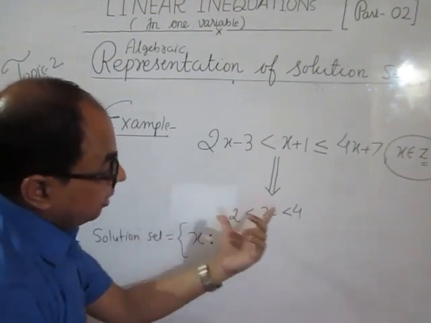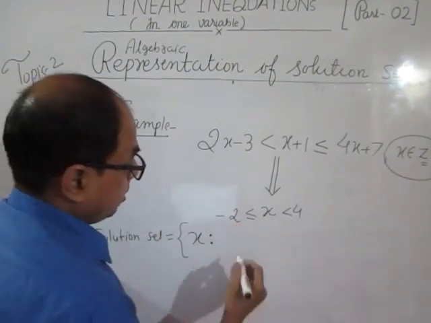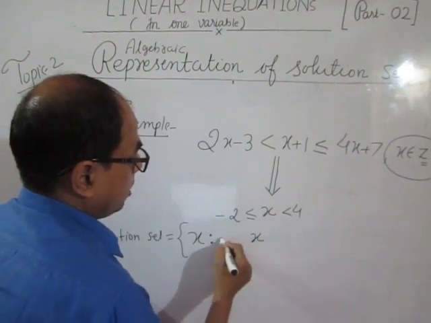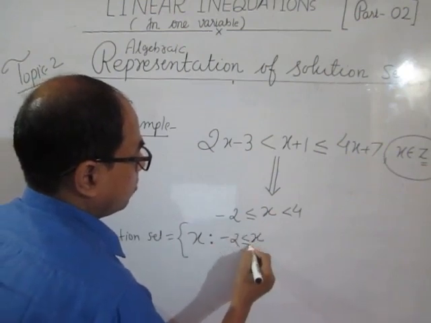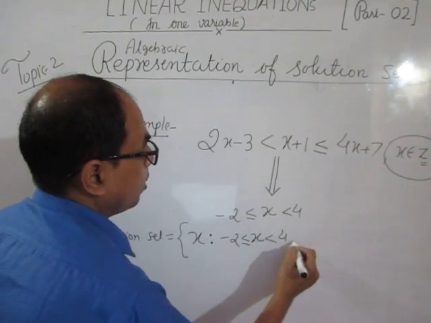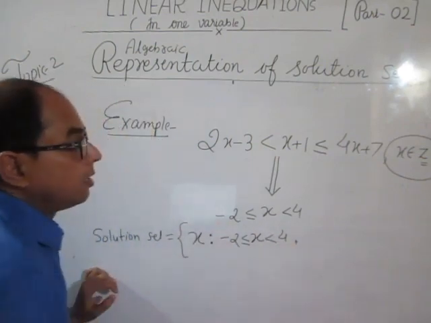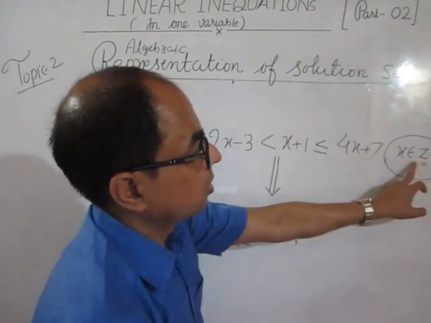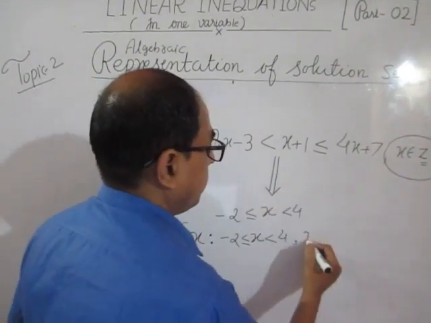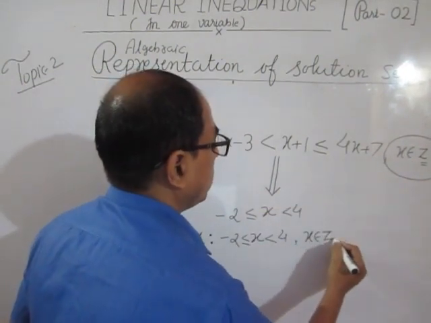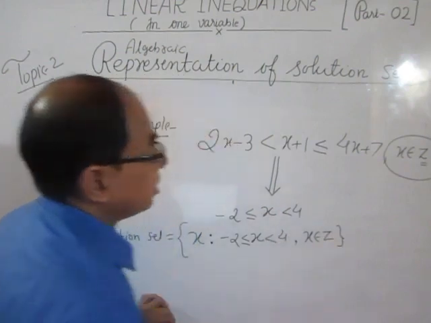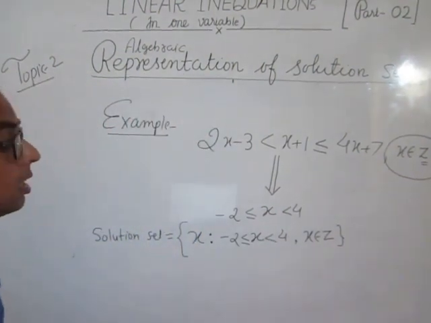Now then write the range of the value of x. x is greater than or equal to minus 2 and less than 4, and then write the replacement set given in the question. So write here x belongs to Z. So this is the representation of the solution set in set builder form.